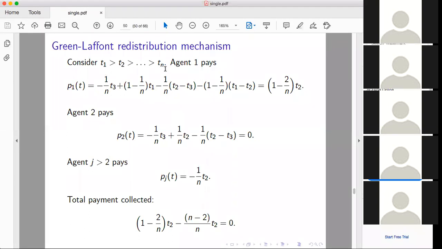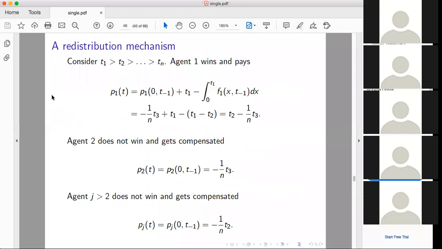We know that if agent 1 wins, then pi 0 of t minus i is minus 1 over n times the second highest of the tj's.